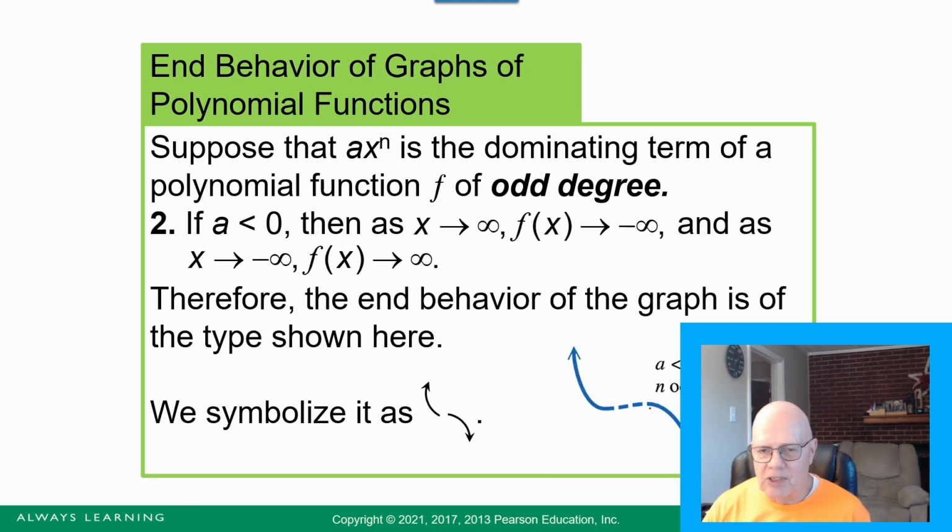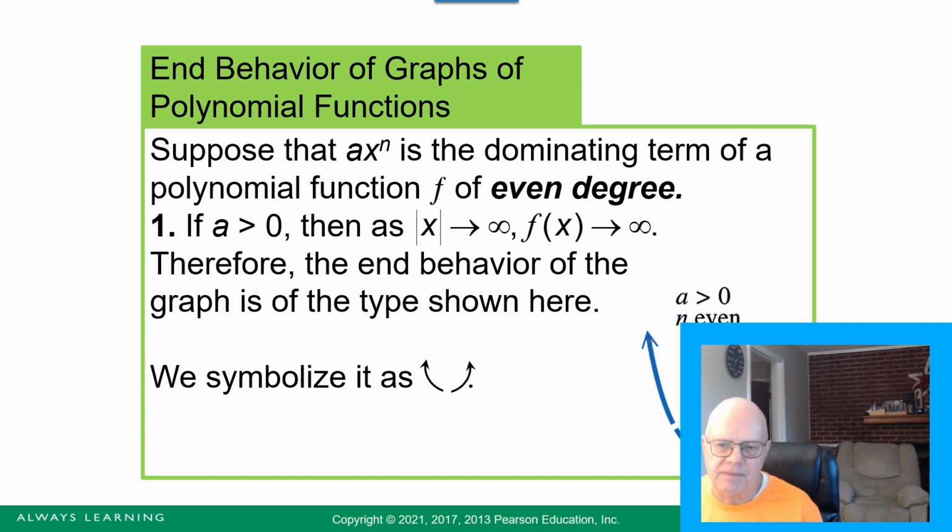And if you've got a negative sign, that means that number out front is negative, and it's going to be reversed. This is the x cubed or odd look. If it has a minus sign outside, then it's going to switch and it's going to have these end behaviors.